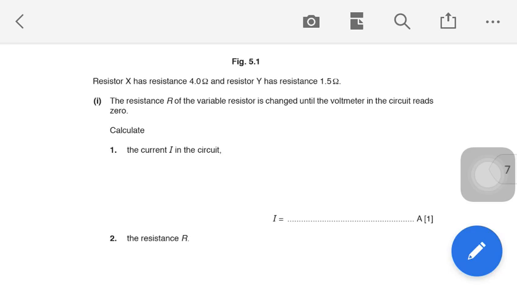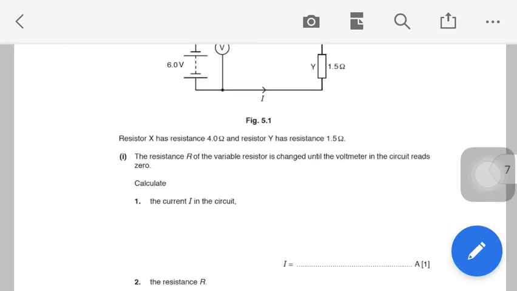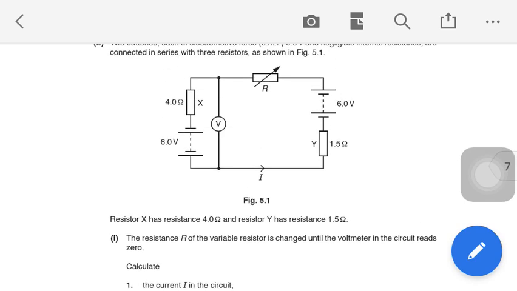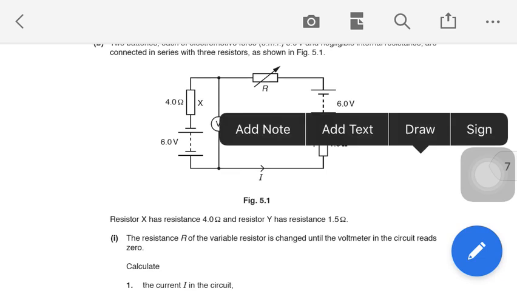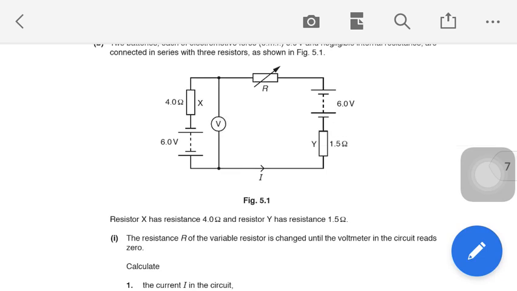Calculate the current I in the circuit, right? If you want to apply Kirchhoff's second law, then we need to identify closed circuits, loops. So first you have to figure out how many loops are there in this. Well, for that, let me draw that circuit.